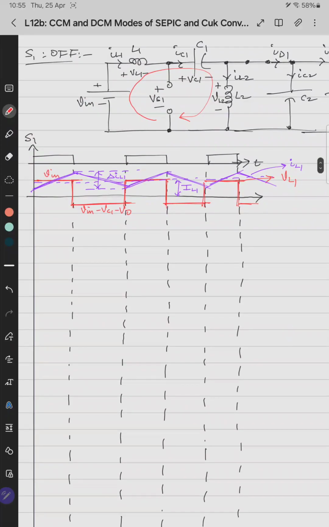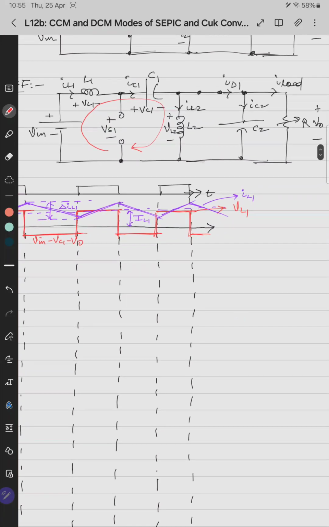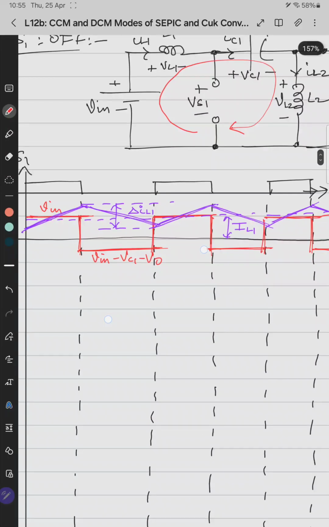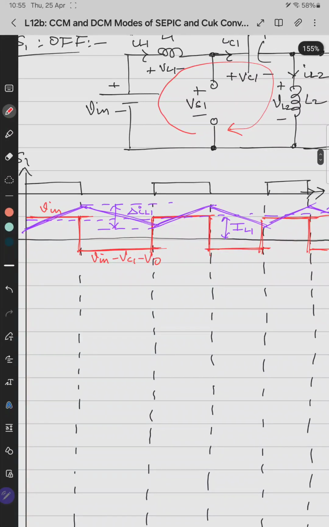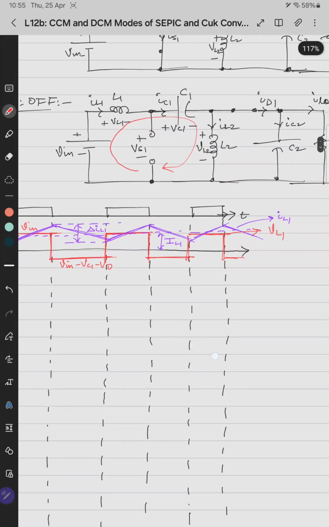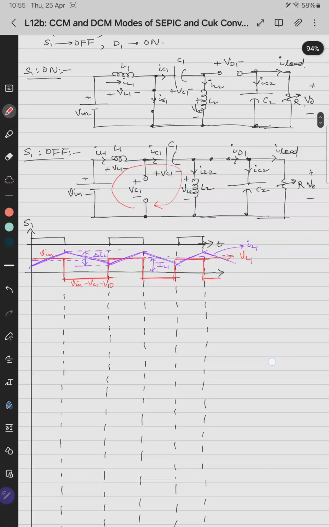So here we have two inductors, so we have to do volt-second balance twice, because we have to establish the relation between Vin and V0. Even if we do volt-second balance for the L1 inductor, we'll get a relation between Vin, VC1 and V0. But we want to eliminate VC1, and for that we have the second inductor, so we'll do a separate analysis.